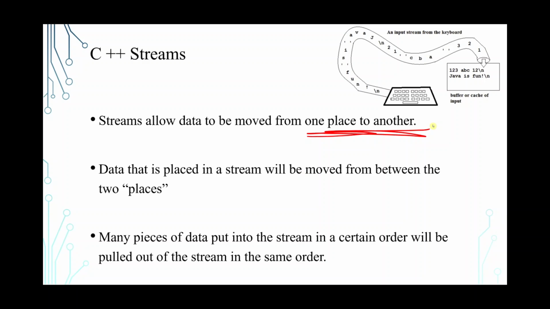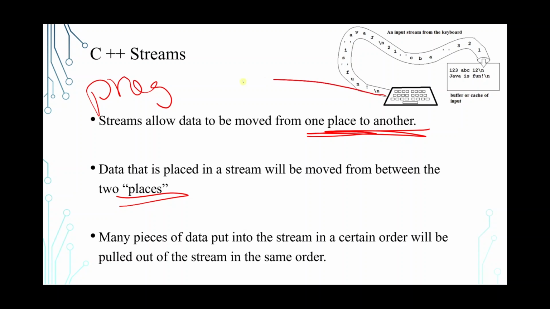Data that is placed in a stream will be moved between the two places. Many pieces of data put into the stream in a certain order will be pulled out of that stream in exactly the same order. So when we say two places, for example, your program and the keyboard.